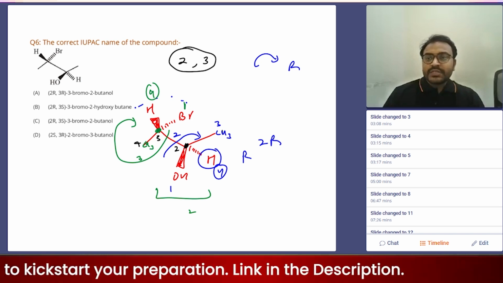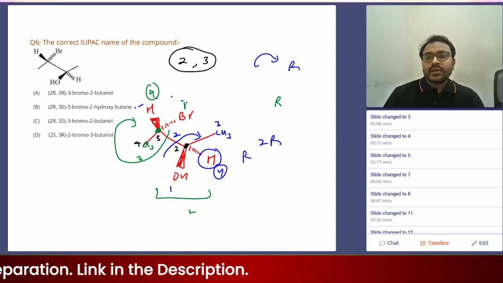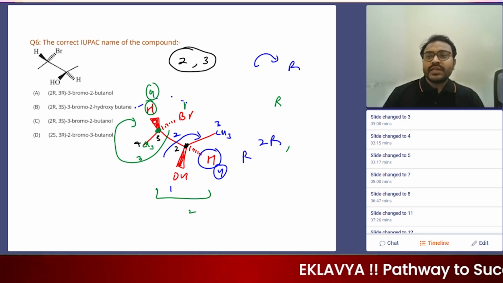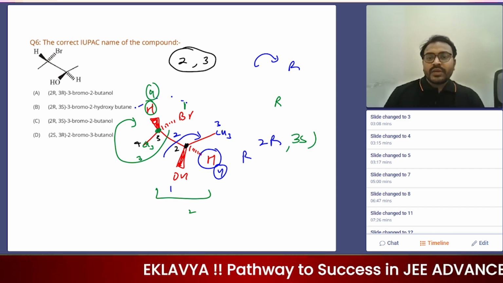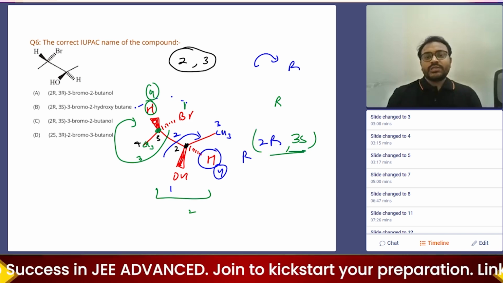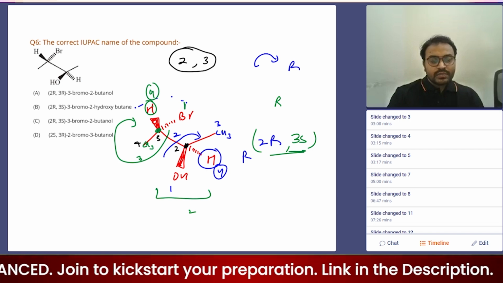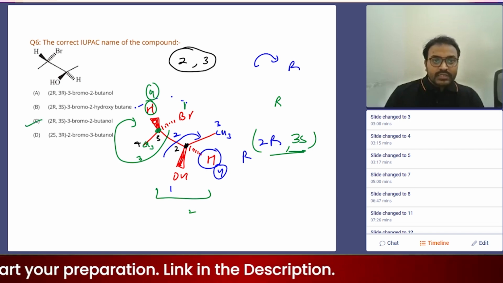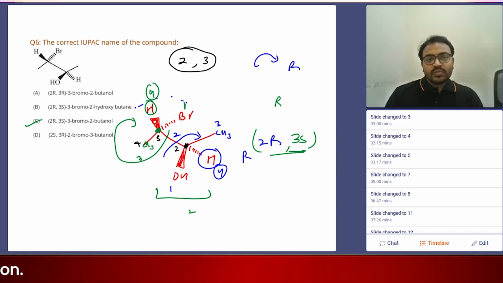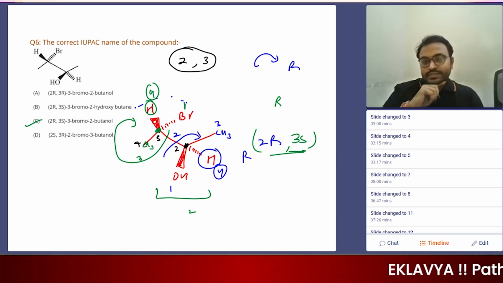So as per the rotation we are getting R, but because the lowest priority is at the wedge position, the configuration gets reversed. So now it becomes 2R,3S. This is the actual configuration. Okay, so the right answer for this question is option C, 2R,3S, 3-bromo-2-butanol.